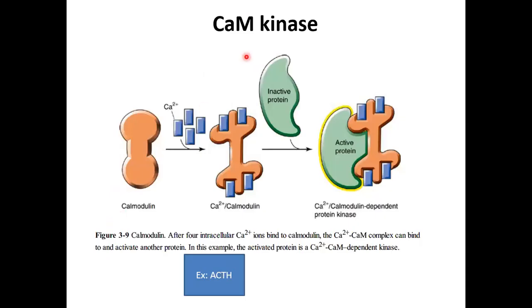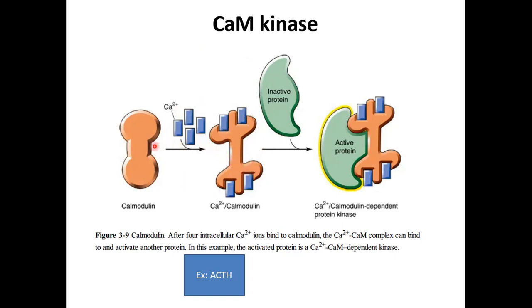Another example can be the calcium calmodulin kinase complex. So this is your calmodulin. Calcium is basically the second messenger here. Once the calcium binds to the calmodulin, you see that the calmodulin undergoes a conformational change.